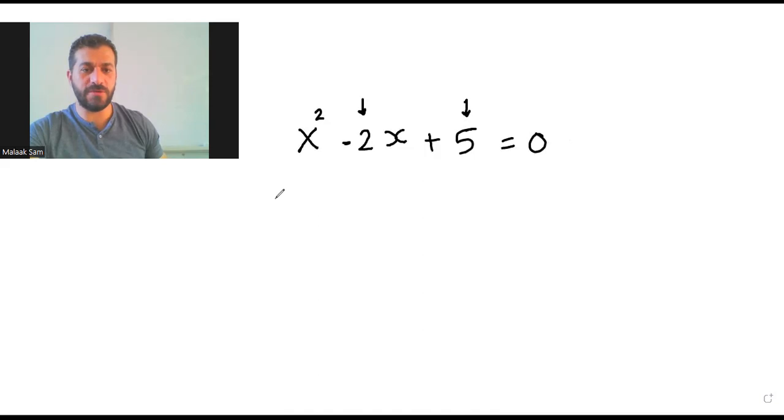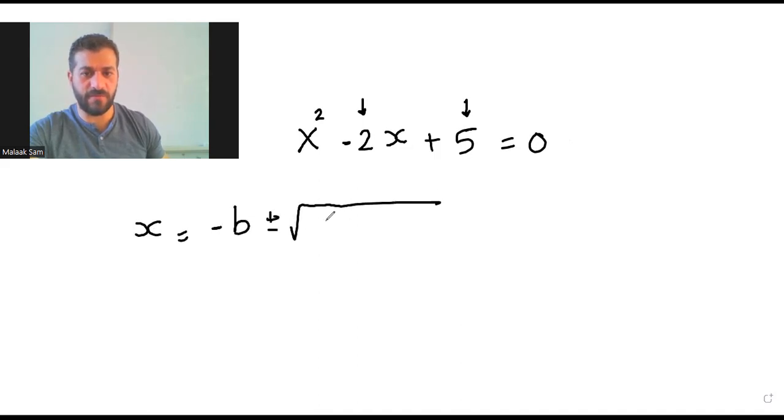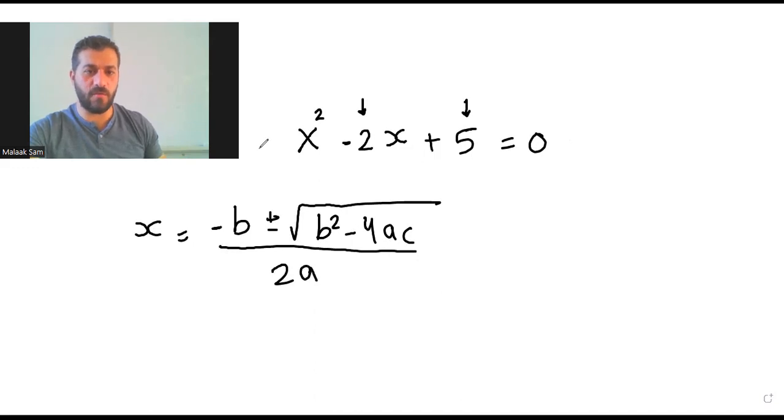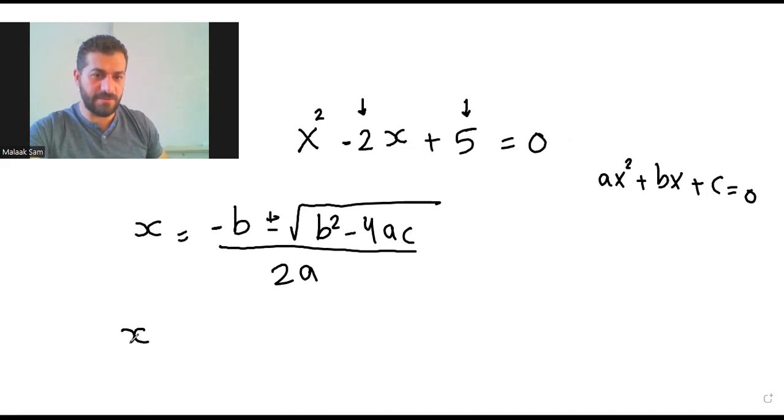So we will use the general formula, which is x equals negative b, plus or minus the square root of b squared minus 4ac, over 2a. Be sure that the quadratic equation is written in the form ax squared plus bx plus c equals 0. Then x equals negative b, which is negative negative 2.